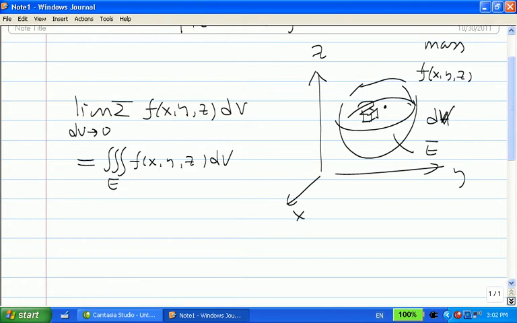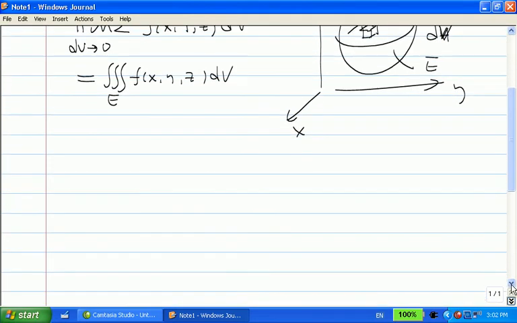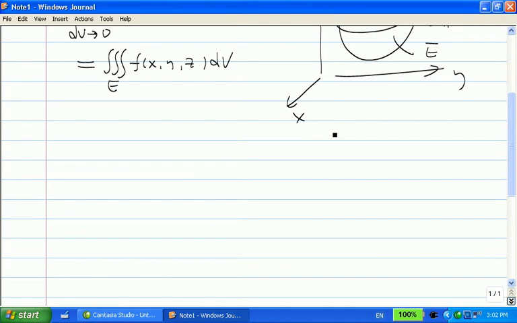The next question: how do we calculate this triple integral? This is very similar to how we find the double integral. Recall that we write a double integral as two iterated integrals. Same thing here.